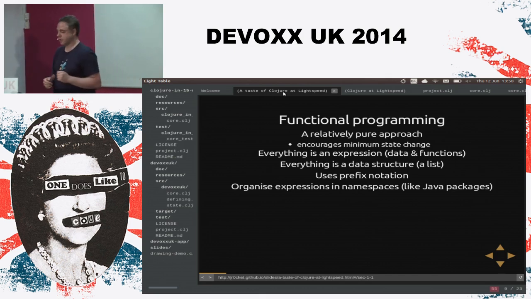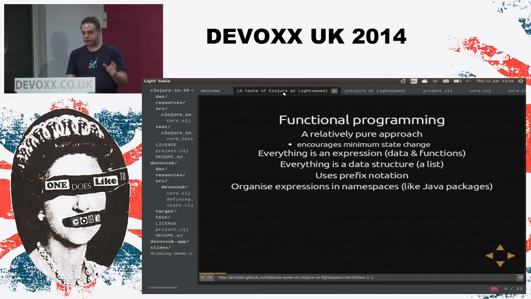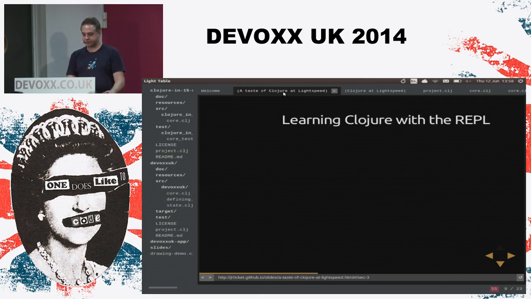So it's quite a nice, safe way of programming, and it does help simplify a lot of things, because 80% of your code is not going to change state, and there's just a small part of it that does. So it makes it easier to change things.